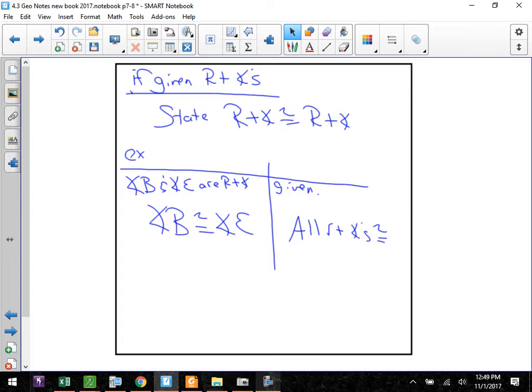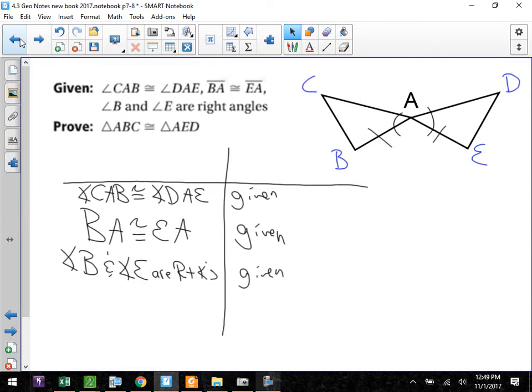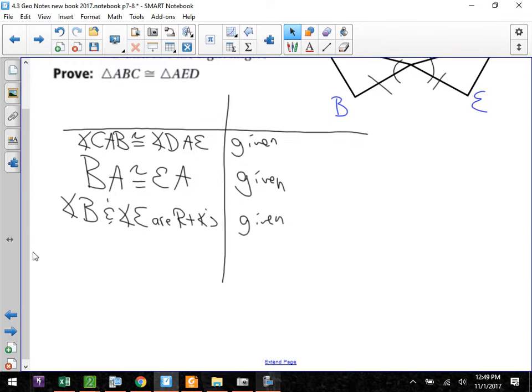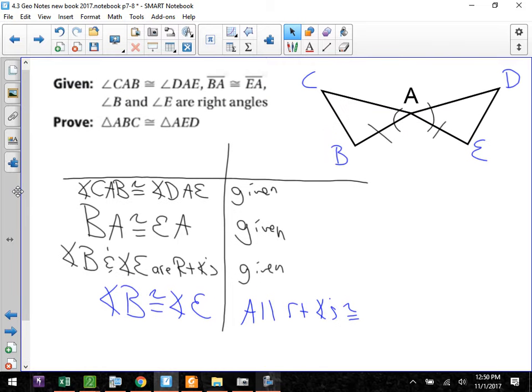So if we use this information on the prior proof, B and E are right angles, well, what am I going to say then? Angle B, and then back to my diagram, I make the little boxes here.